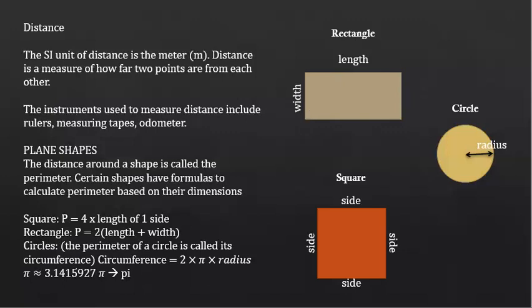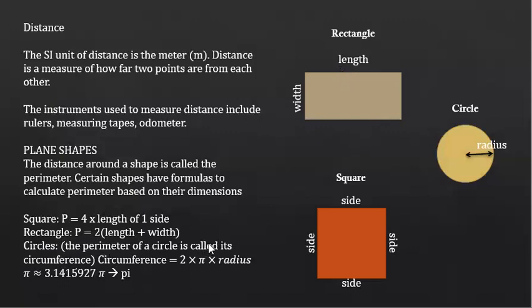That is why the perimeter of a rectangle is 2 multiplied by (length plus width). We have 2 sides that represent the width of the rectangle and 2 sides that represent the length of the rectangle.